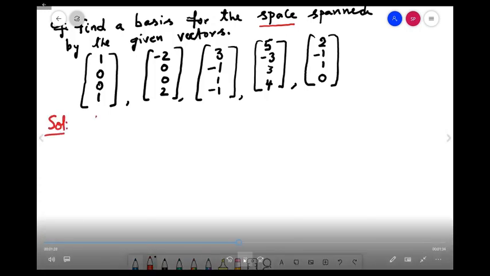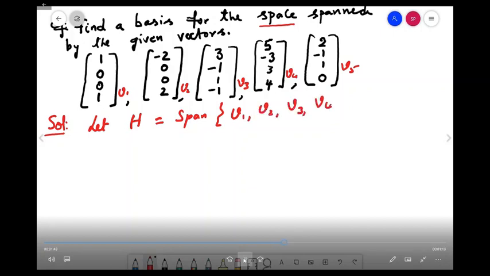Let H be the span of these vectors. I'll call them V1, V2, V3, V4 and V5. So H is the span of V1, V2, V3, V4 and V5.